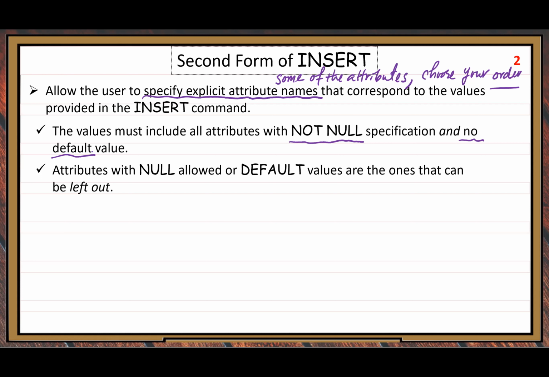With the default keyword, the default value will be used. So with or without not null, you can always provide a default value. Only in those two cases can you leave out those attributes. That's the basic rule.